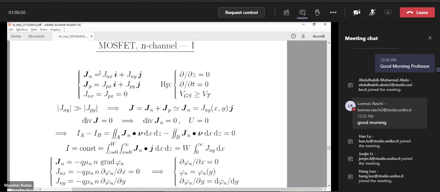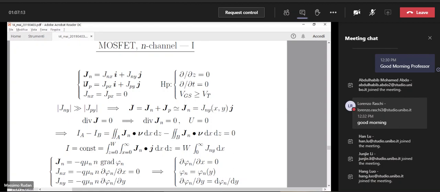So Jn is equal to some coefficient times i, where i is the unit vector of the x-axis, plus the component along the y-axis times j, that is the small j, the unit vector of the y-axis.